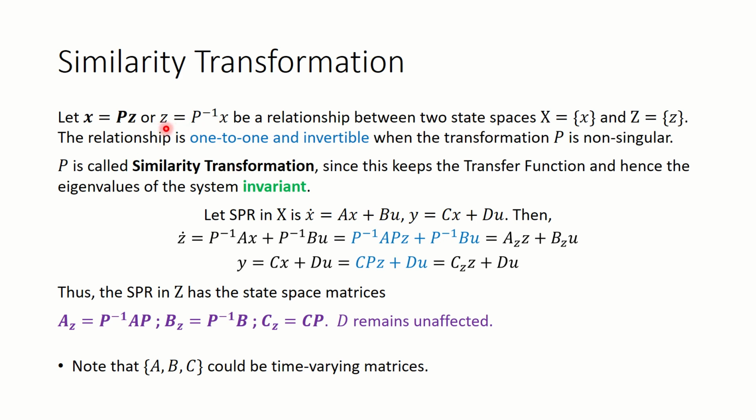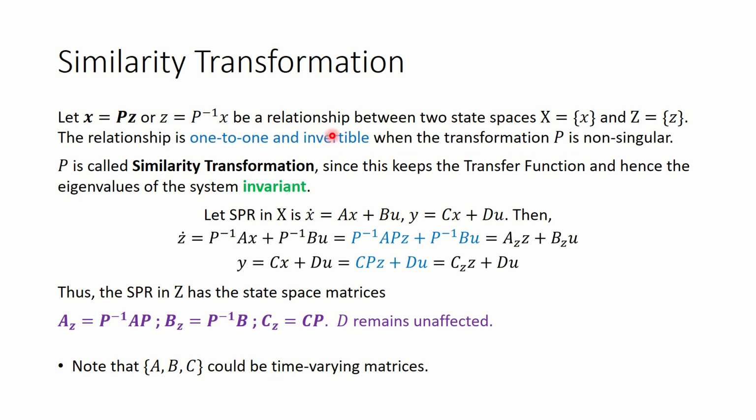The expression of z1 in terms of x, and the expression of any other z in terms of x, will always be different from each other. So that is the one-to-one relationship, and that is also invertible. When you do the reverse mapping, that is also a one-to-one mapping. This is satisfied only when P is non-singular. So this thing you have to keep in mind.